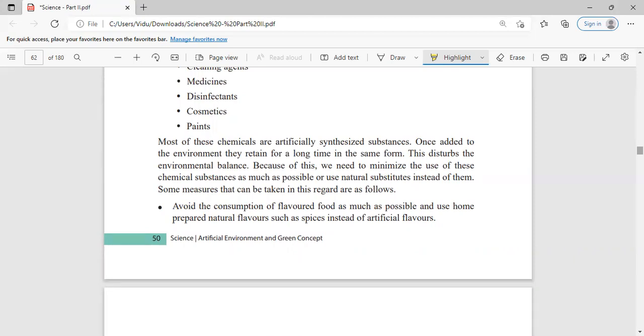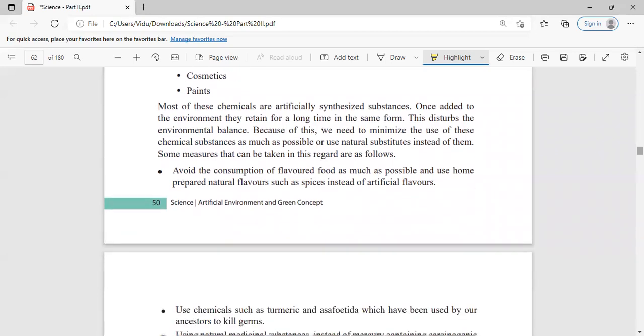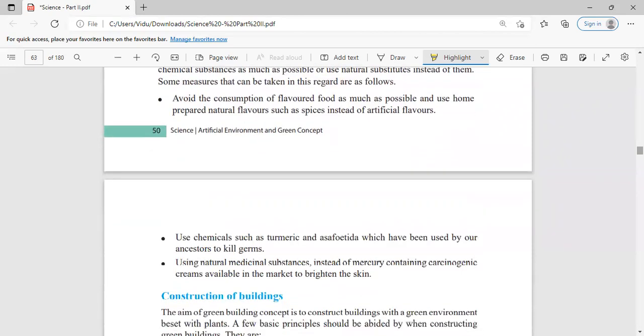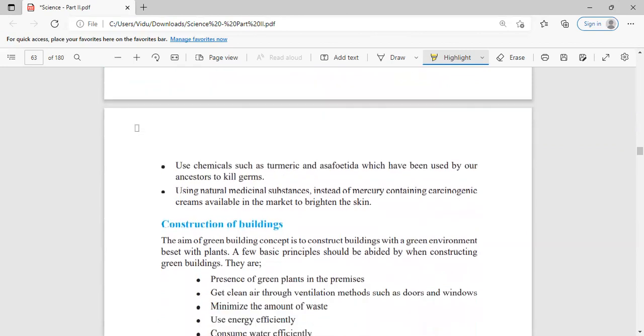Some measures can be taken in this regard. You can see such measures, we'll read them. Avoid the consumption of flavored food as much as possible and use home-prepared natural flavors such as spices instead of artificial flavors.